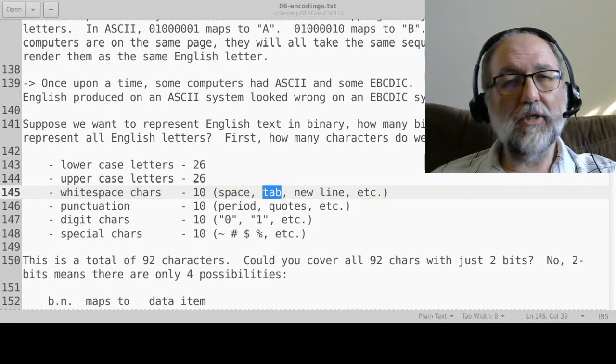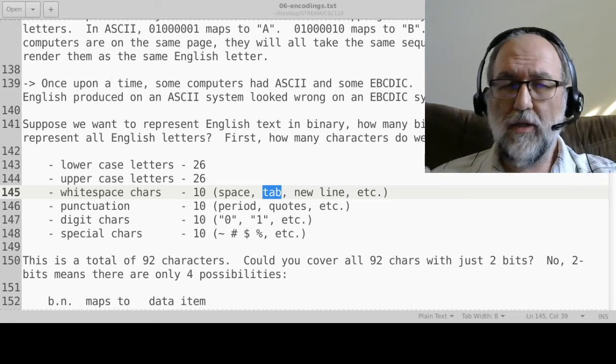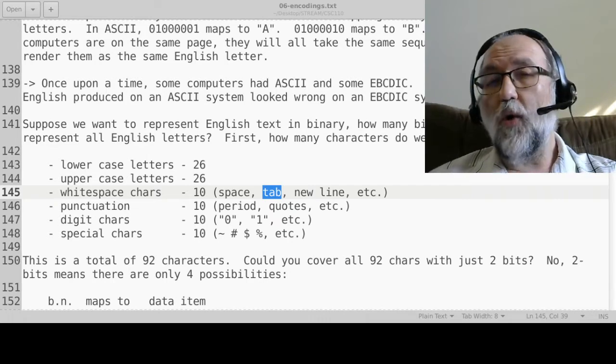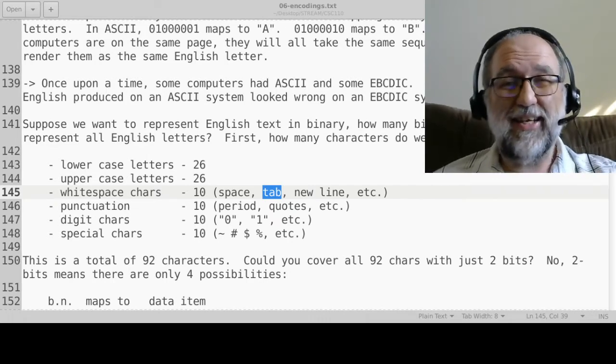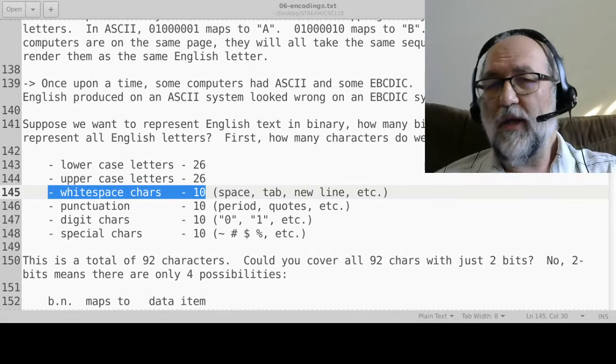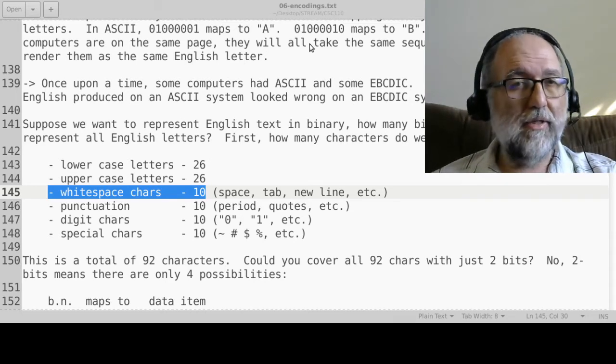And it's not just the tab, there's also the new line character. There's a whole bunch of these that basically space out the words so they're not all stuck together. I don't know how many of them there really are. I'm just going to say 10, just for the sake of argument. It's not that important because this isn't a real encoding anyhow. We're just pretending we're creating an encoding for academic reasons.